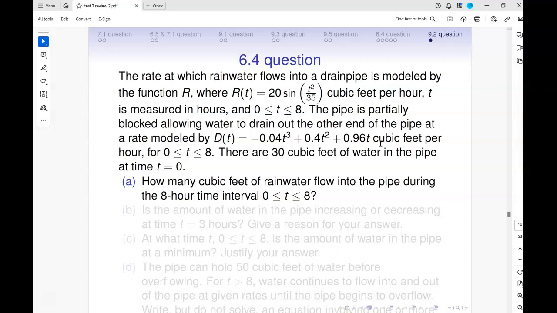The pipe is partially blocked, allowing water to drain out the other end at a rate modeled by d of t equals negative 0.04 t cubed plus 0.4 t squared plus 0.96 t cubic feet per hour for t from 0 to 8. There are 30 cubic feet of water in the pipe at time t equals 0. How many cubic feet of rainwater flow into the pipe during the 8-hour time interval, 0 to 8?